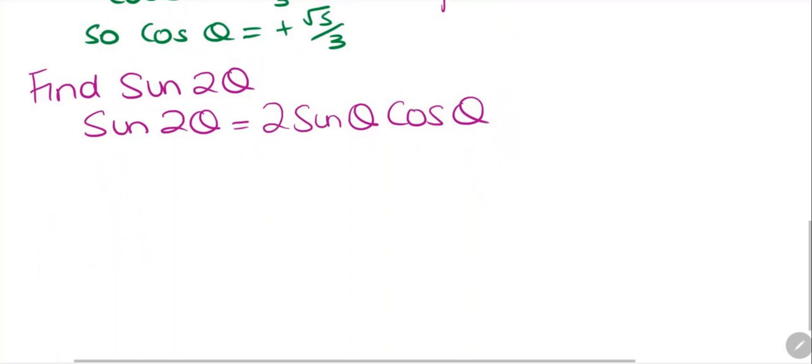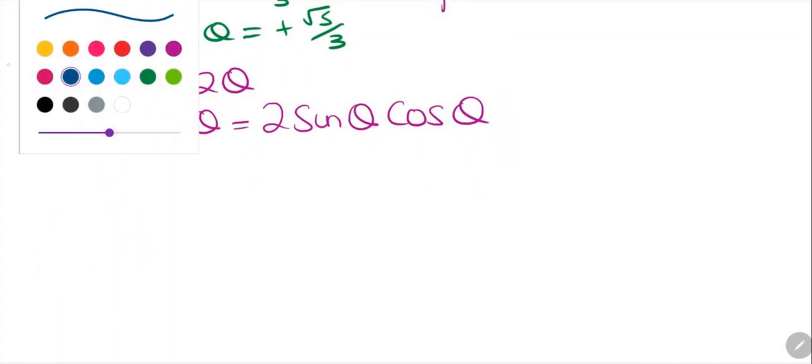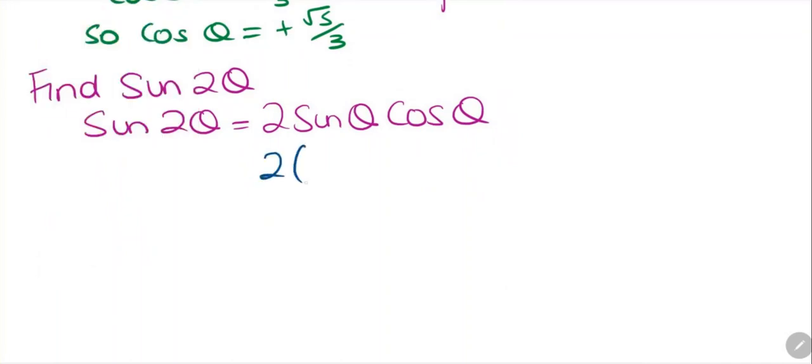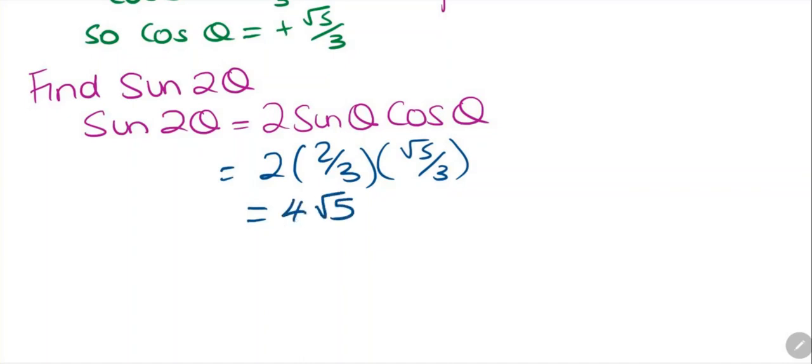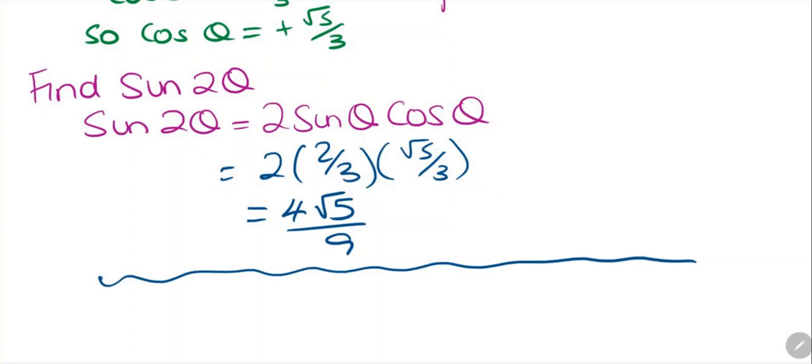So 2 multiplied by, sine is 2/3 and cosine is root 5 over 3. And if we multiply these, we will have 4 root 5 over 9. And that is our final answer.